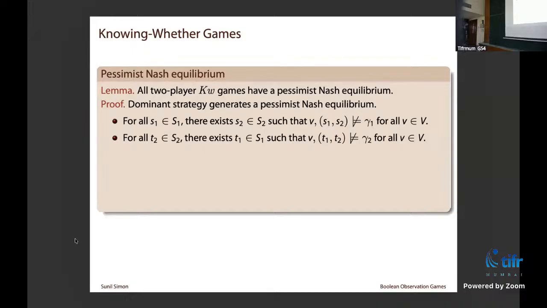There are only two players, so whether I have a set of propositions and whether I'm going to reveal some subset of propositions to you, I can think of it as a valuation. All the propositions that I reveal I assign to true, all the propositions that I don't reveal I assign to false. So what you can show is there is a bijection between the set of valuations and the set of strategies in this particular setting. And therefore, you can show that you can always force the min to be 0 and a pessimist Nash exists.